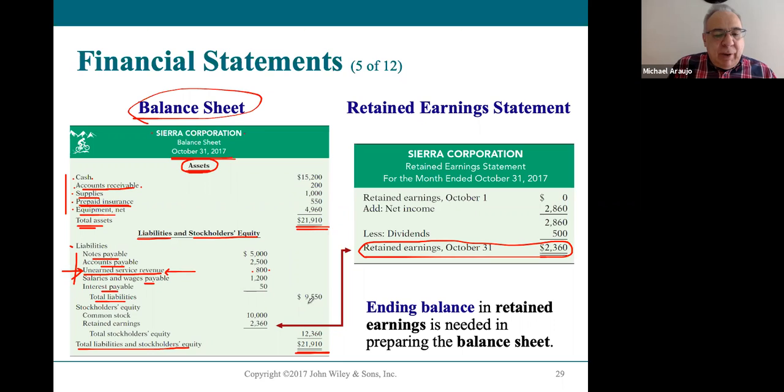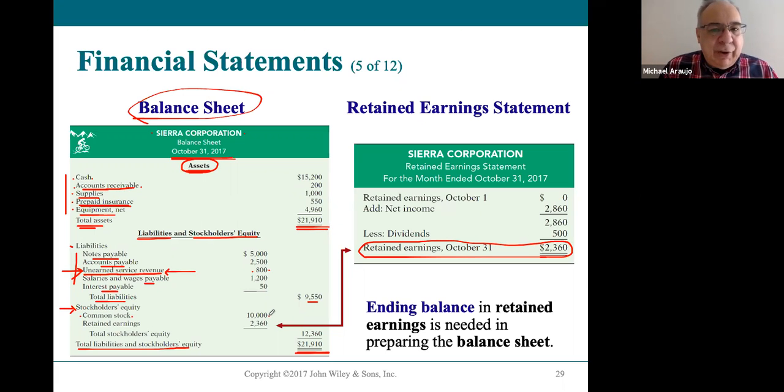So then your liabilities are added up here. Stockholders' equity. The words get twisted after a while. There are two specific accounts that represent owners' equity or stockholders' equity. Common stock is the number of shares of ownership that they have.